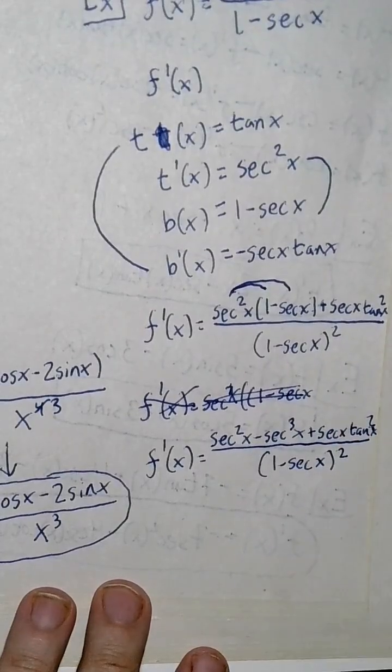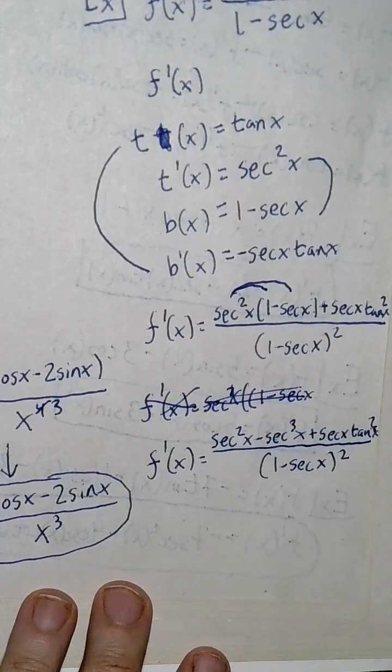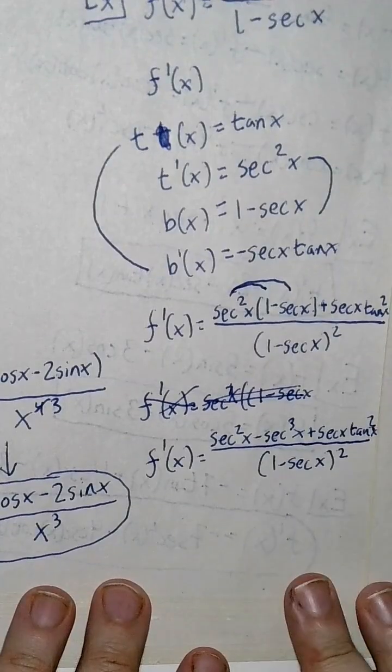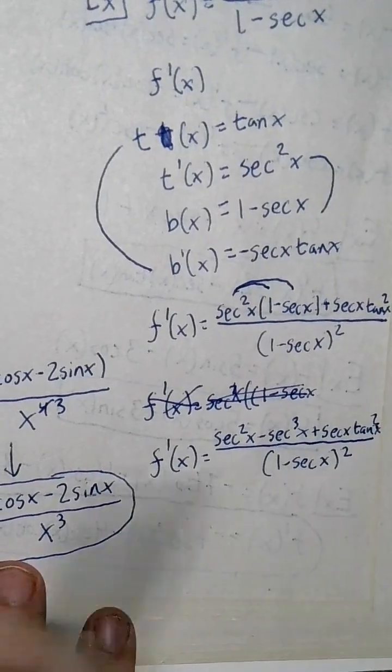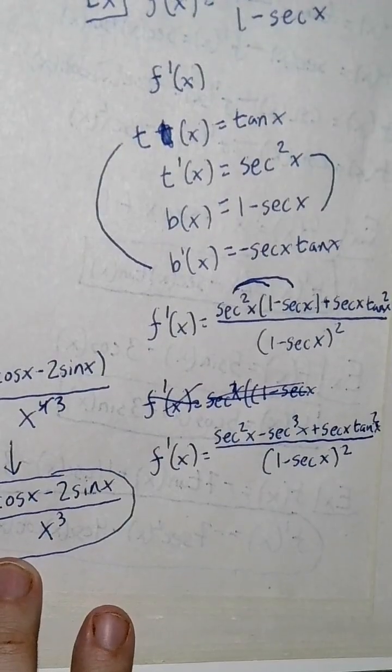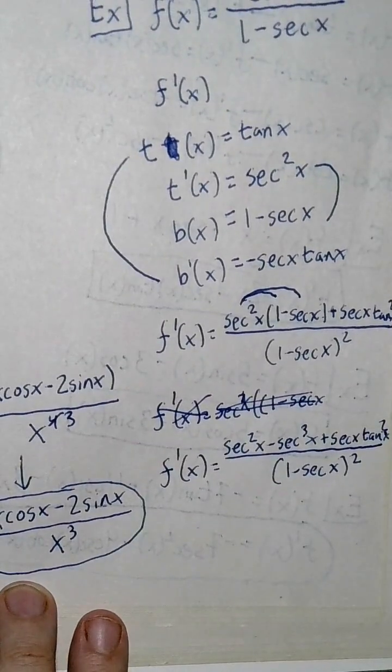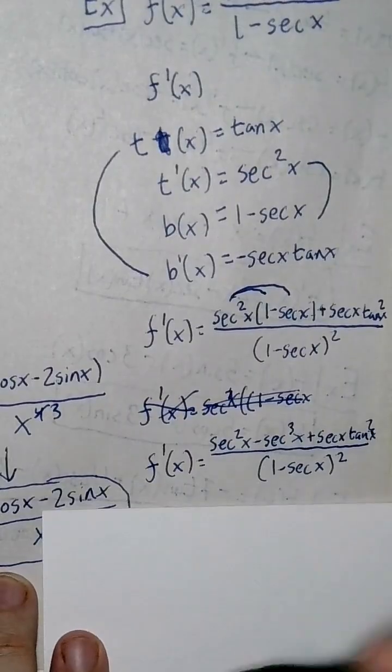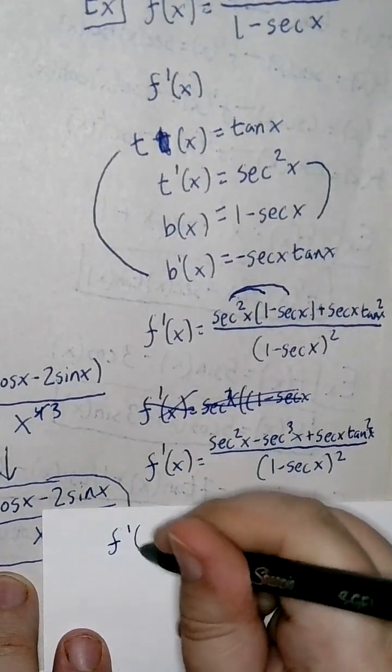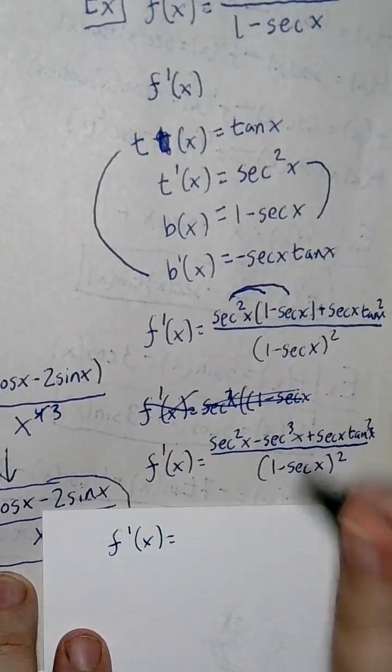I'm going to need some more room to answer that. So I'm going to take this, write it on a note card, and then copy it to the start of a new page. So f prime x is equal to, I'm going to move it around too.